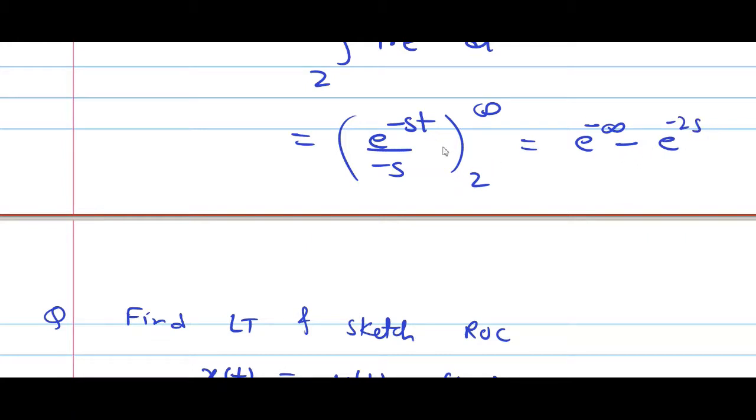In place of t put infinity, and in place of t put 2, divided by minus s. e^(-infinity) is 0, so the minus signs cancel, and the final answer is e^(-2s) upon s. For ROC, as our signal is a right-handed signal, the ROC is real of s greater than 0. So for ROC, equate the denominator greater than 0.